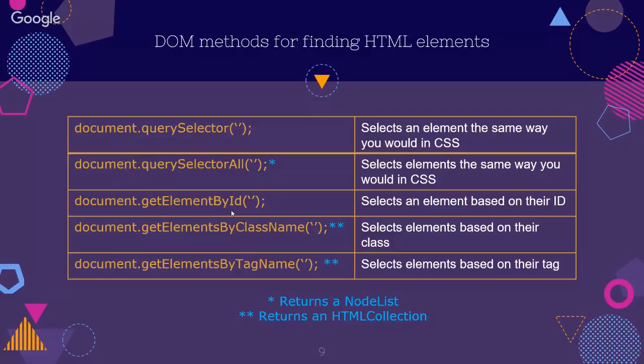Another thing I wanted to mention about the query selector all method is that it returns a node list. And from experience, I can tell you that the node list has a neat method on it, which we can access, called forEach, which really helps us loop over the content in the node list, all the HTML elements, and it helps for easy selection of the ones we want.